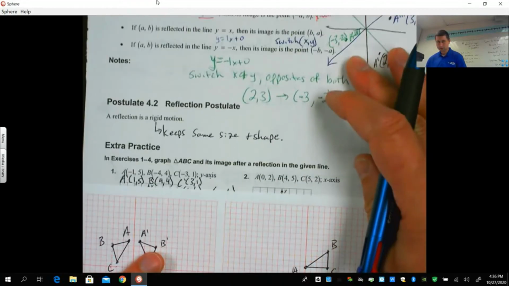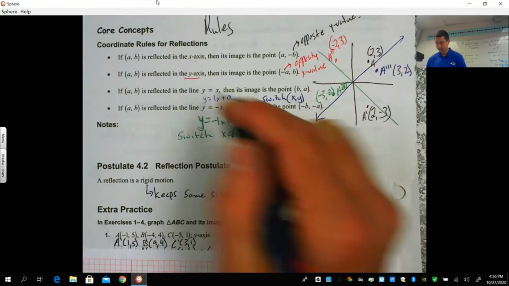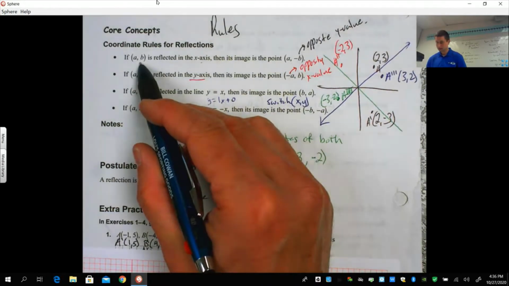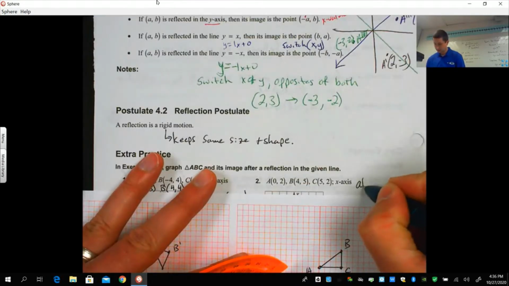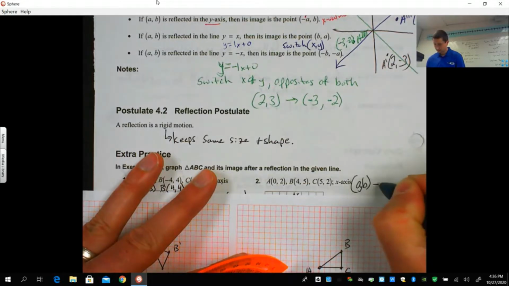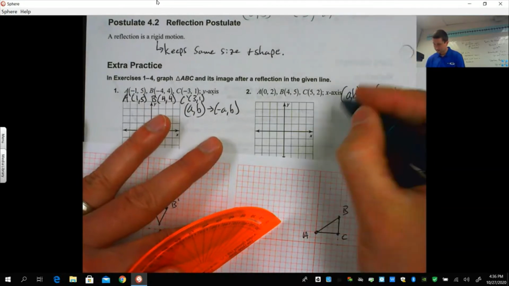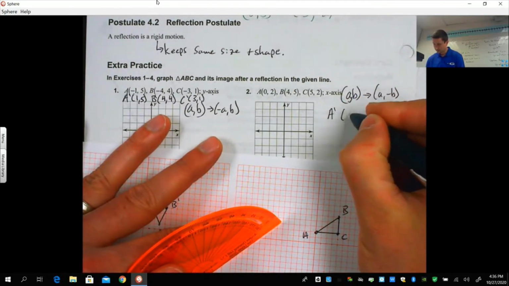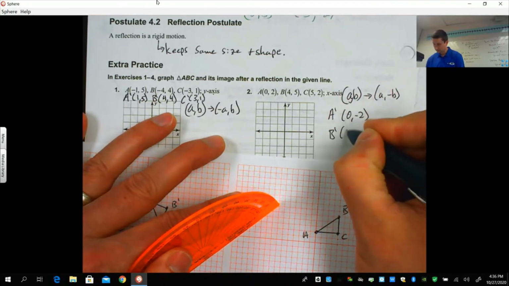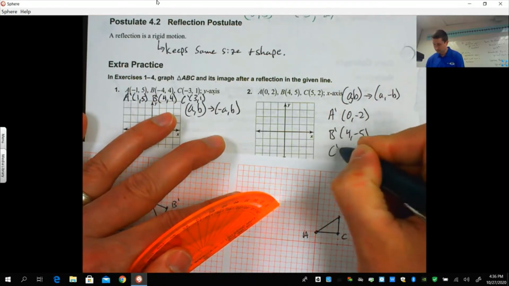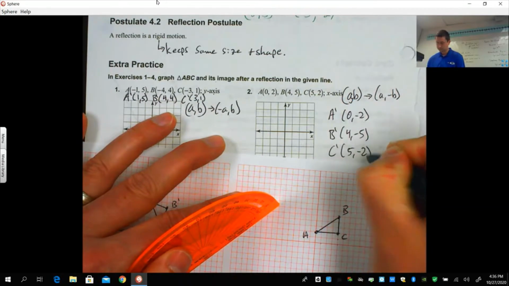So I check my rule. X-axis says AB goes to A, the opposite of B. So AB maps to A, opposite of B. So that makes A prime going to be 0, negative 2. B prime is going to be 4, negative 5. C prime is going to be 5, negative 2.